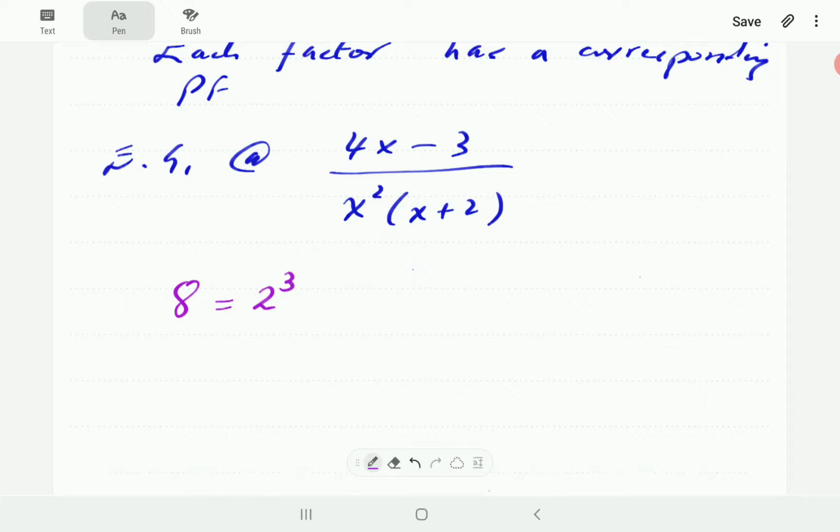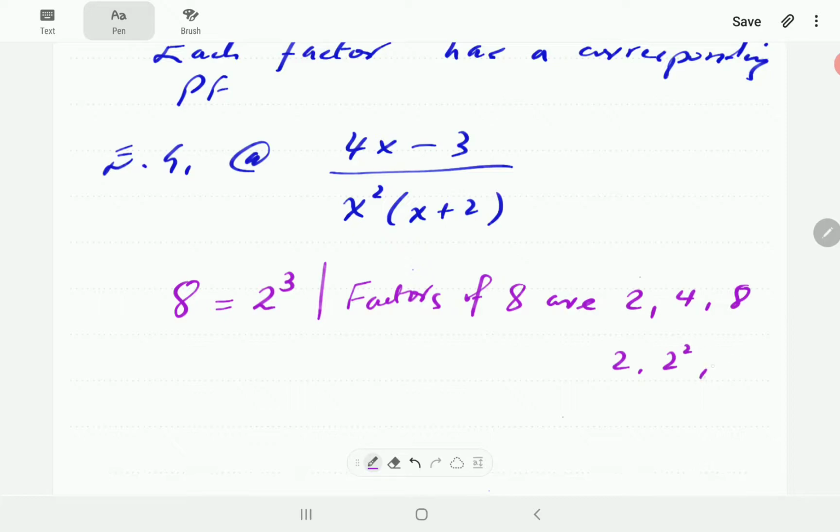Now, if you think about the factors of 8, excluding 1, of course, the factors of 8 are going to be 2, 4, and 8. So these are 2, then 2 squared, and 2 cubed. What is this saying? If we've got 2 cubed here, then there are actually 3 factors in there.